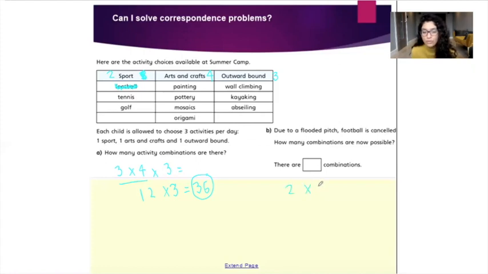We have 2 times 4 because there are 4 arts and crafts available and 3 outward bound. So 2 times 4 times 3. Now remember, work at it one at a time. What's 2 times 4? 8. And then times 3. What's 8 times 3? 24. So now, because football's been cancelled, instead of there being 36 different combinations, we now have 24 combinations.